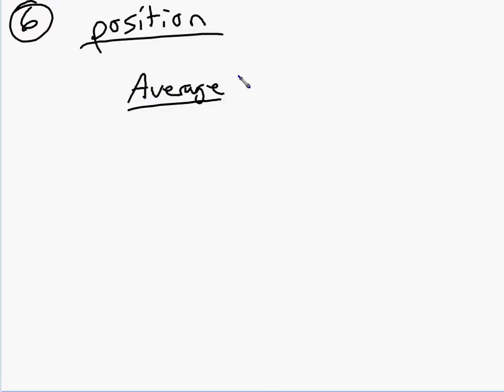To find average velocity over a time interval, divide the change in position by the change in time. And we've already talked about this. And you may want to go over to the side someplace and write this down. Average velocity is much different than instantaneous velocity.